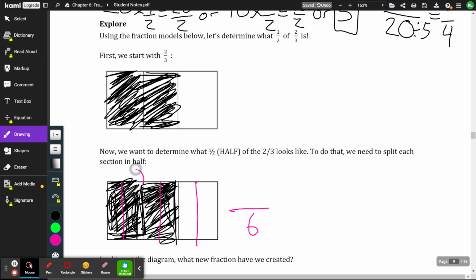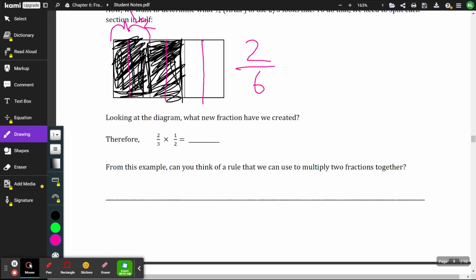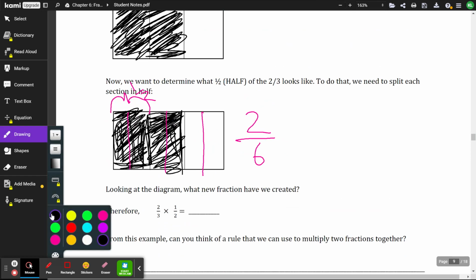If I cut that in half, now I can see 1/2 of what is shaded in would be 2/6. Or I can see that 2/3 times 1/2 is going to equal 2/6.